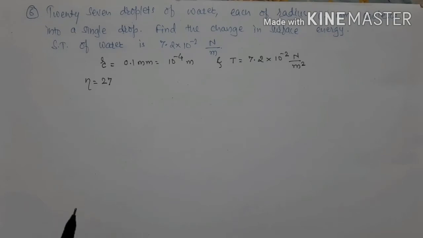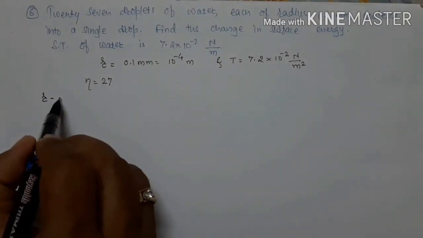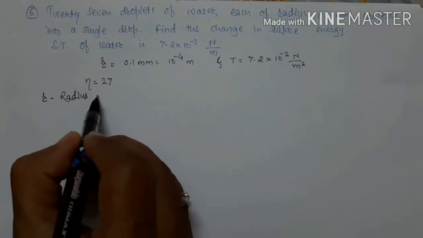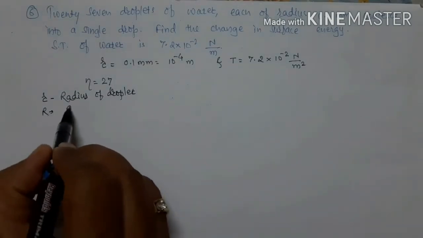It's a very simple thing: when the 27 droplets combine to form a single drop, there will be an increase of radius and hence an increase of surface area, but the volume remains the same. As the volume remains the same, the volume of the single drop is equal to the volume of the 27 droplets. Small r indicates the radius of a droplet, and capital R indicates the radius of the drop.